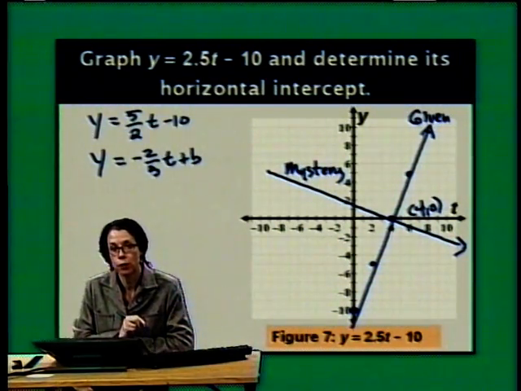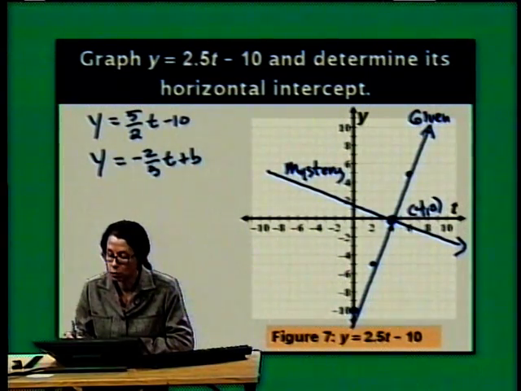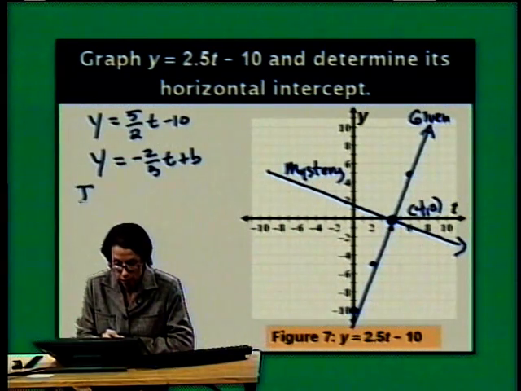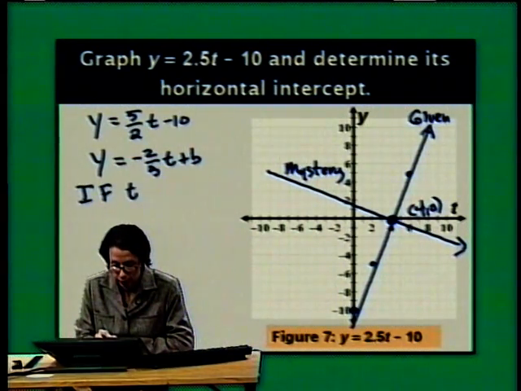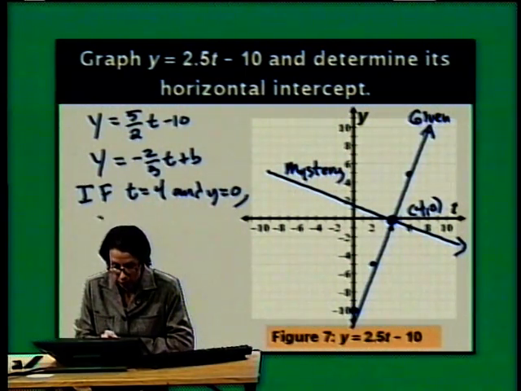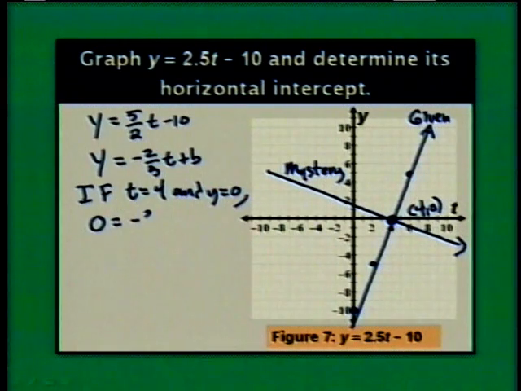To determine the vertical intercept, I'm going to use the point (4, 0), which is on the line. So if t equals 4 and y equals 0, then I have 0 equals -2/5 times 4 plus b.